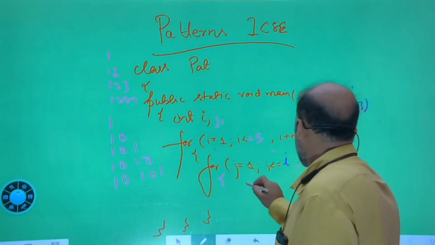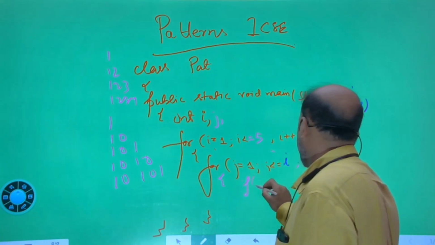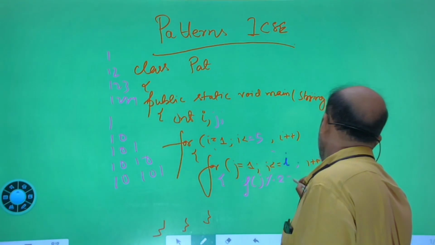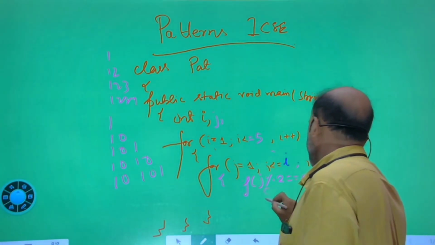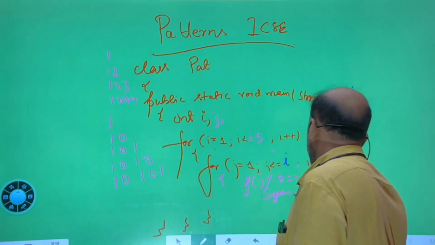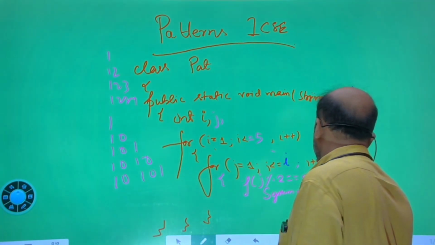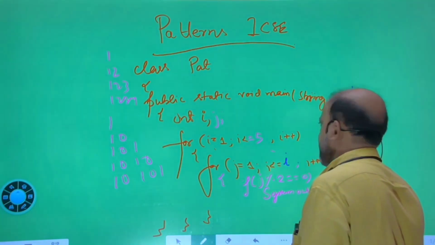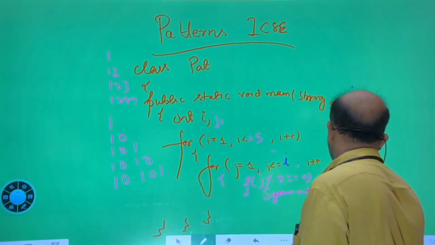So, I am using if j mod 2 equals 0, you can print system dot out dot print 0. When it is even, you are getting 0.